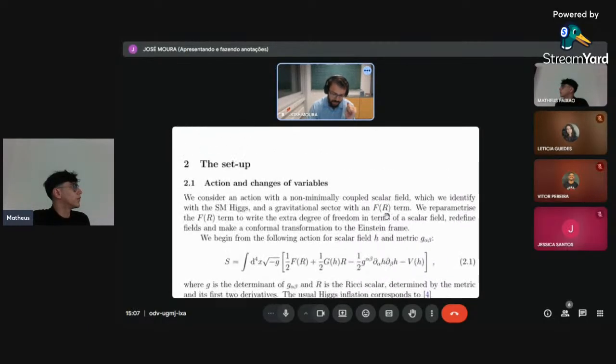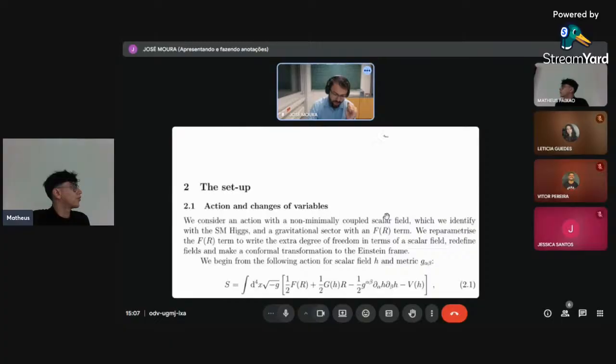Non-minimally, I mean, it has a coupling of this form with the Ricci scalar. Because if it couples only minimally to gravity, it doesn't work. If you couple non-minimally, it will work.